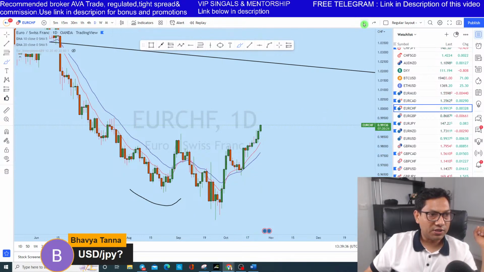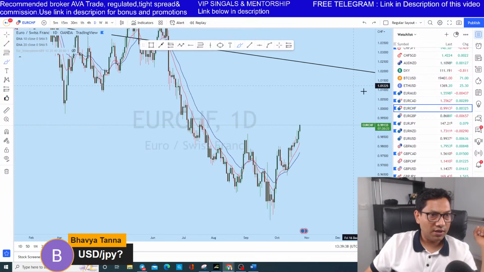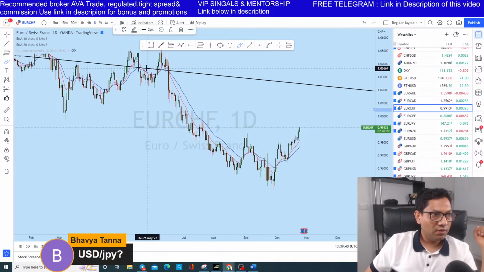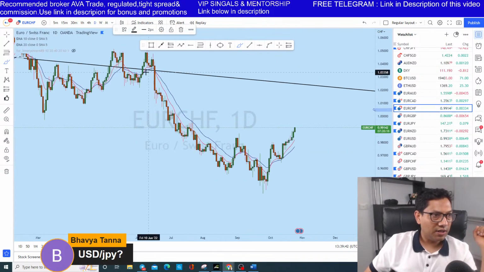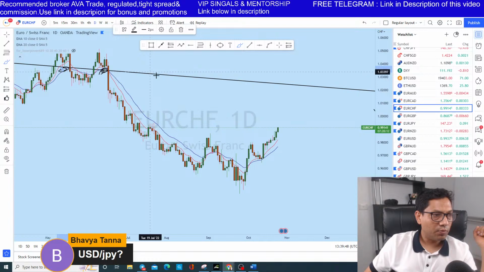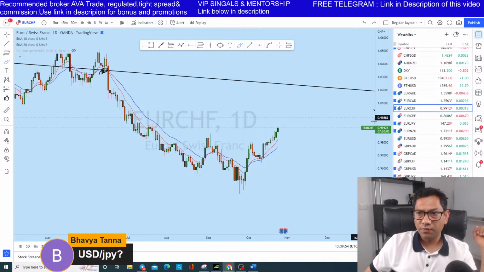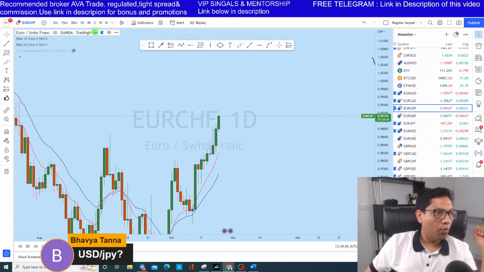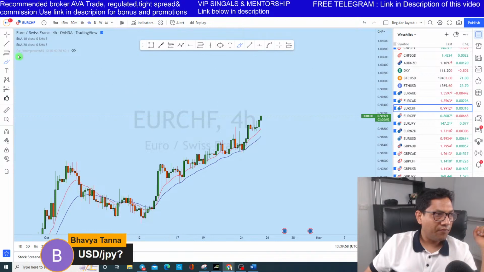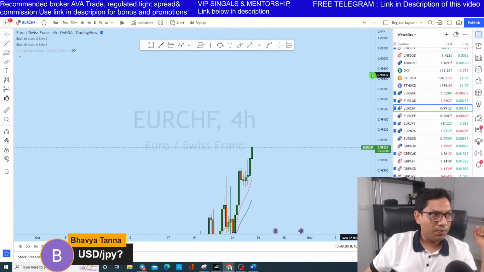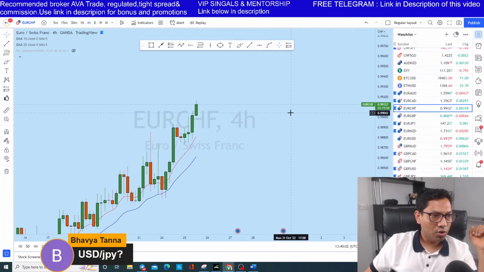We can expect this price to go, as I told you, at least to this level, which is highly likely. There is a reversal, back to back, two double tops. See the neckline as previous support zone here, which is acting here as resistance. So there is a big move ahead for Euro CHF. With that big move on the 4-hour time frame, we can expect Euro CHF now to be bullish.